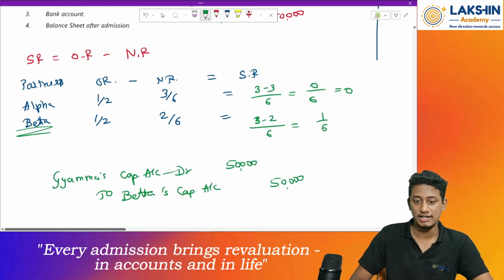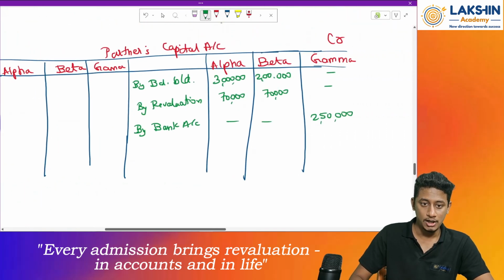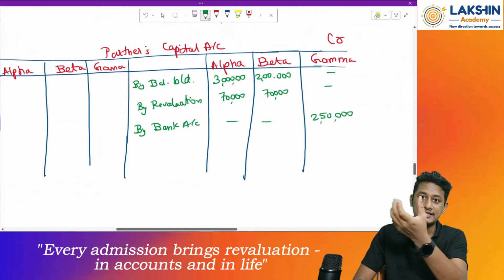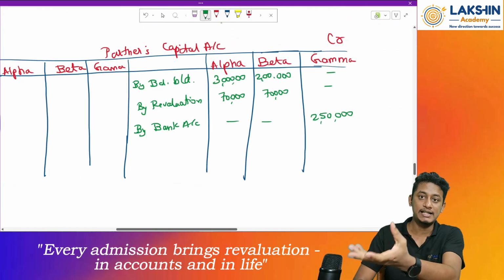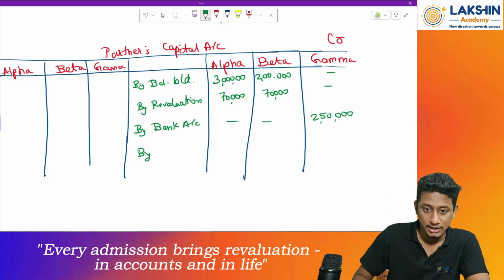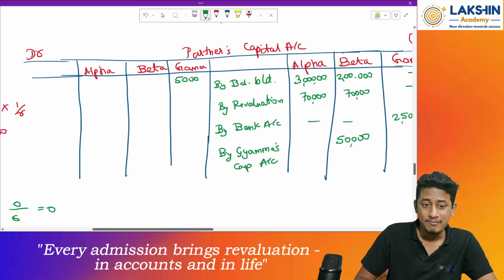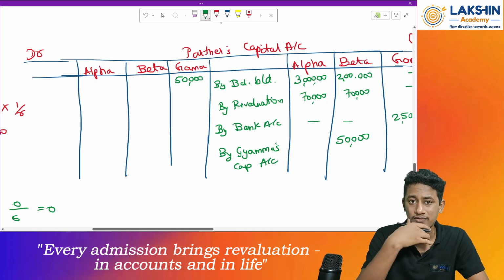Now coming to the journal entry in the partners' capital account. Since beta is receiving the goodwill, his capital balance will increase. So in beta's column, rupees 50,000 by gamma's capital account. On the other hand, gamma's value will reduce, because he has not brought in anything towards goodwill separately.